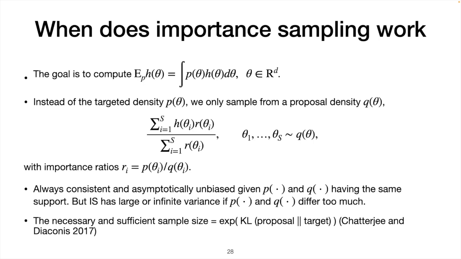You can prove that the necessary and sufficient sample size to ensure your importance sampling has a good large deviation probability would be the exp of that KL divergence. You can imagine if they differ too much, then the exp of this grows exponentially. So as long as they differ a little bit, the required effective sample size becomes too large to be achieved in practice.